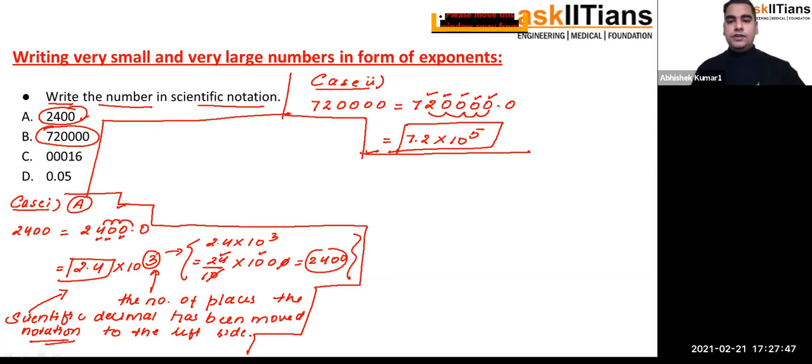Any doubt you guys have till now in both the examples that have been discussed? No doubt. All right.